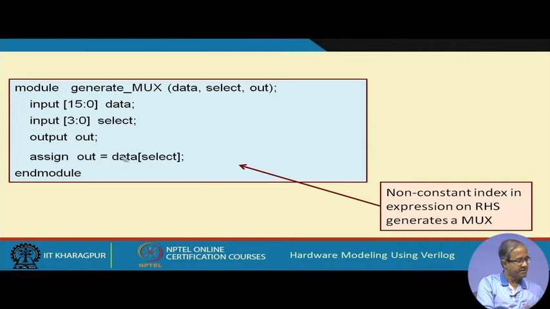Whenever there is a vector which I am using with a non-constant index, and select is a variable, not a constant, then a multiplexer will be generated. The data will be the input to the multiplexer, this variable will go to the select line, and out will be the output.